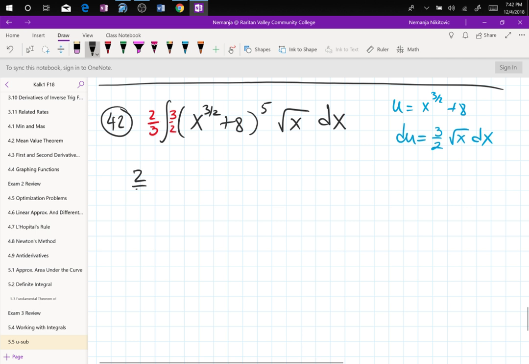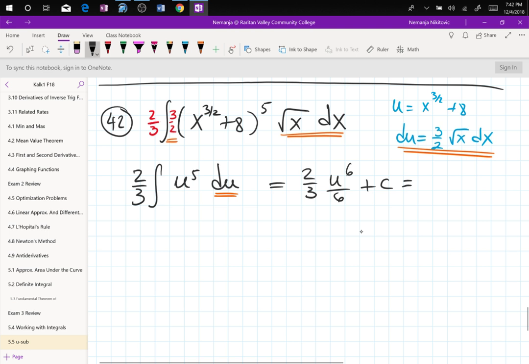So you have 2/3 integral u to the 5 du. Again, orange, so we can trace this du. Two-thirds u to the 6 over 6 plus c, which is 2 and it cancels, so 1/9. Then instead of u we have x to the 3/2 plus 8, everything raised to the 6, plus c.